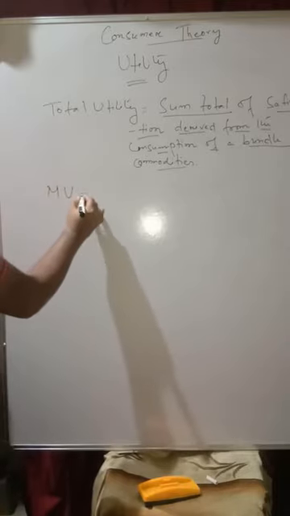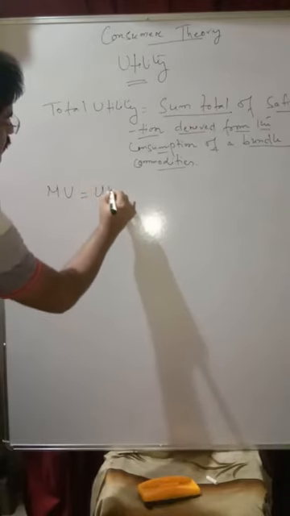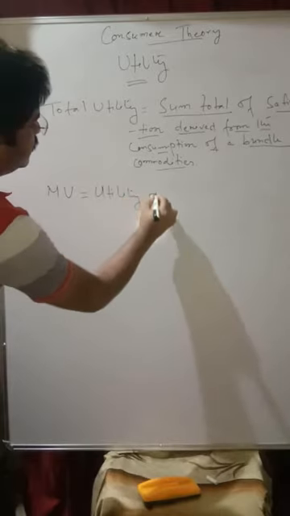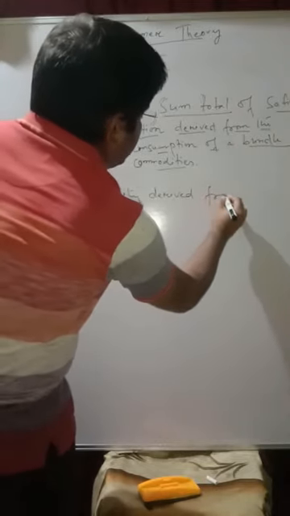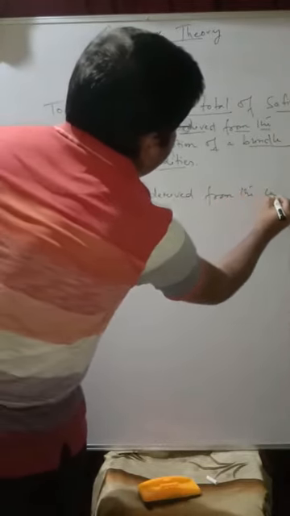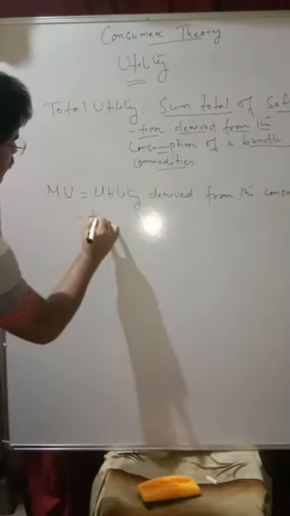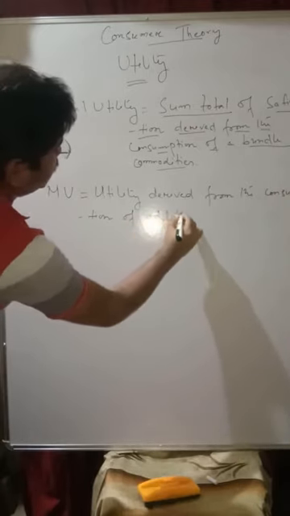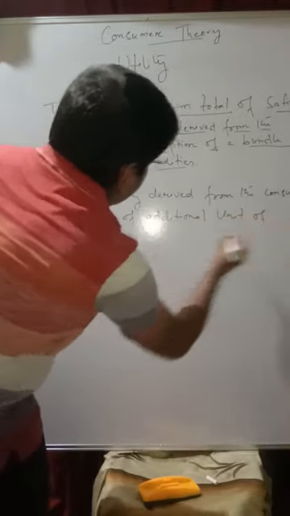Marginal utility is defined as the utility derived from the consumption of an additional unit of commodity.